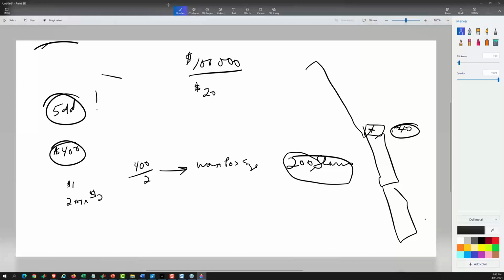So based on $2, he says, oh, I'm supposed to have 200 shares. So 200 shares times $20 is a position he's paying for. He spends $4,000 to buy the capital.